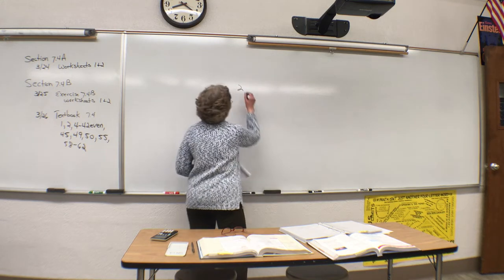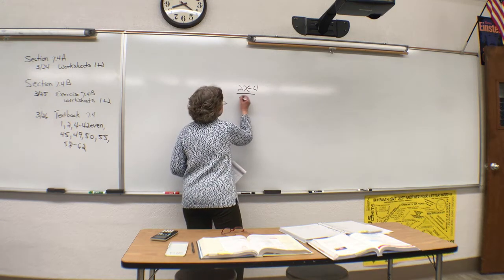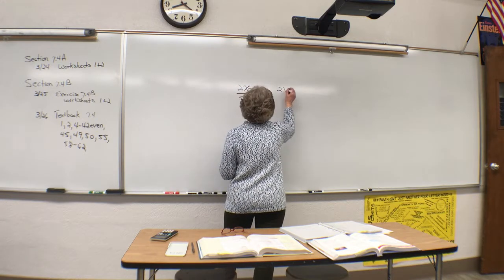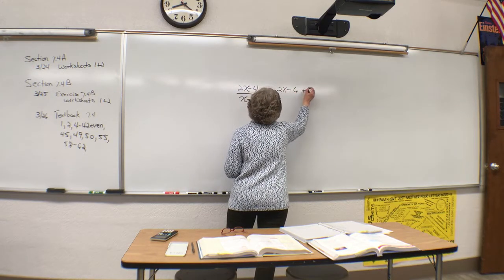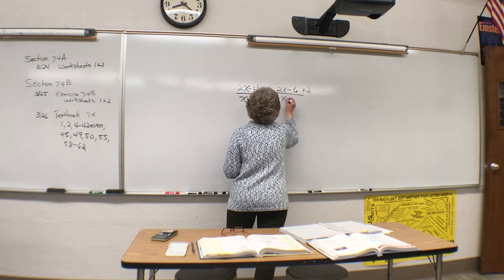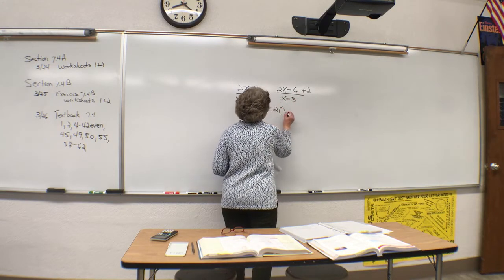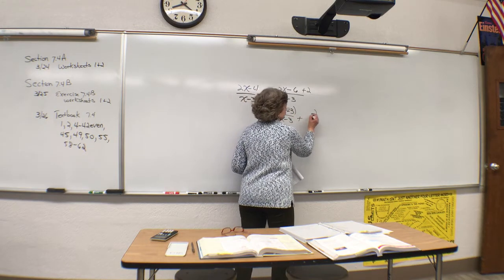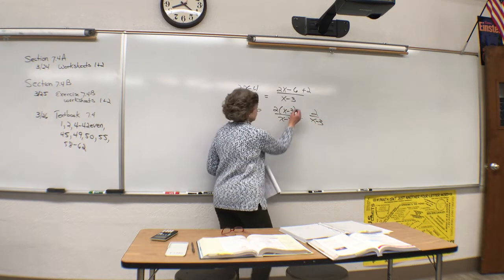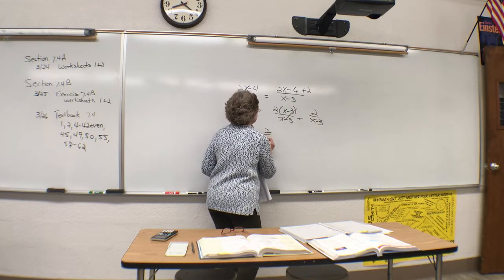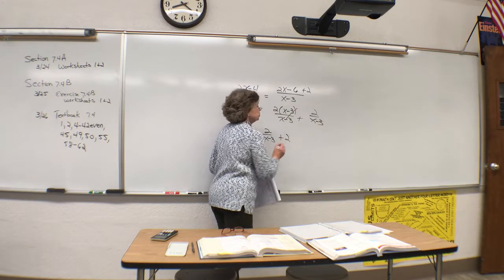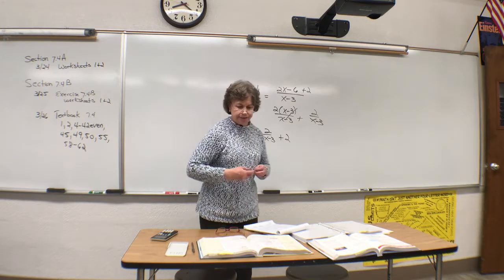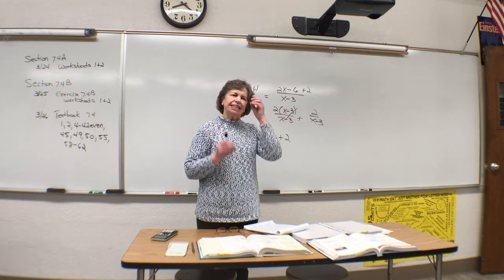Yes, it was. That cancels, and I'm left with 2 over x minus 3 plus 2 as my final equation. That was monitoring progress. That was the easy one.